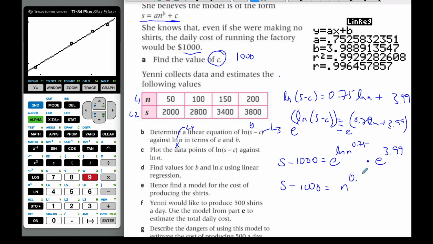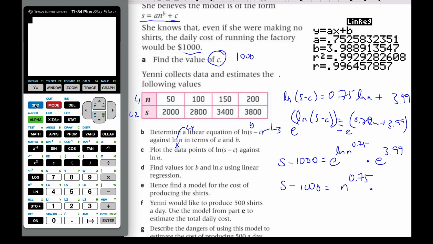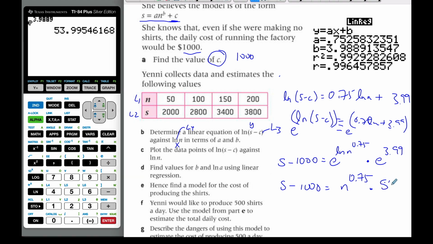And e to the 3.9889 is basically 54. So my model is S equals 54 N to the 0.75 plus 1,000.